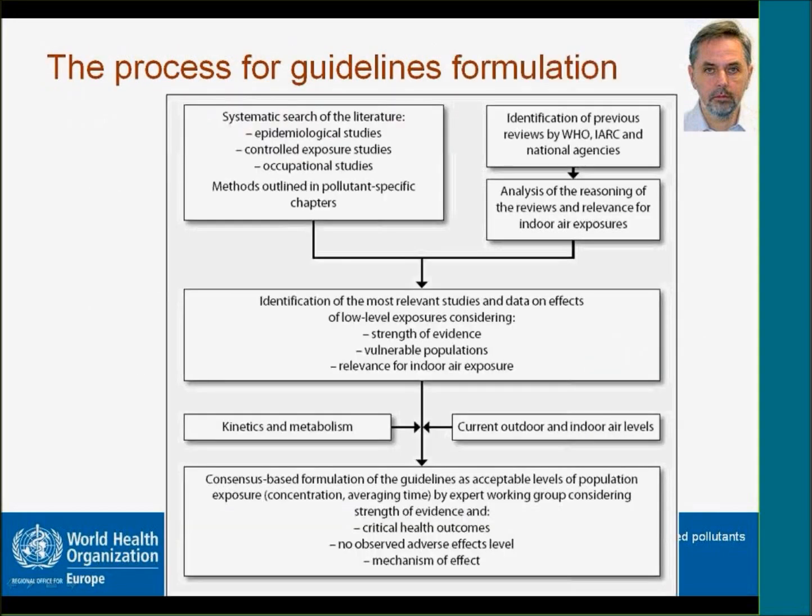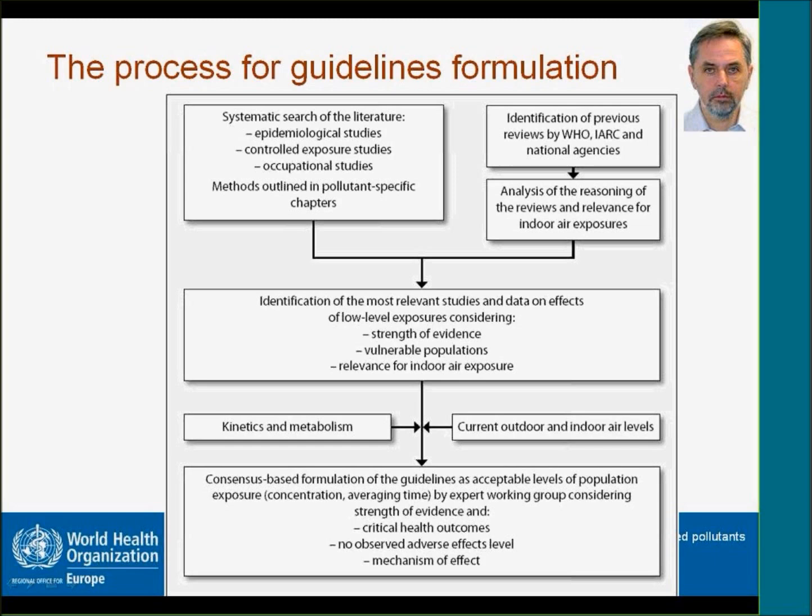The process of guidelines formulation involved a systematic review of literature, the scientific evidence dealing with assessing health effects of indoor air pollutants. Then, based on this literature, the most relevant studies and data on effects were identified, looking at strength of evidence, at effects on vulnerable populations, and looking at relevance for indoor air exposure.